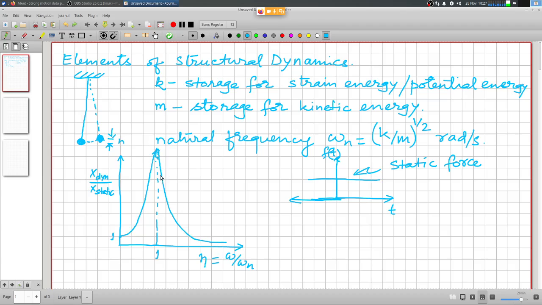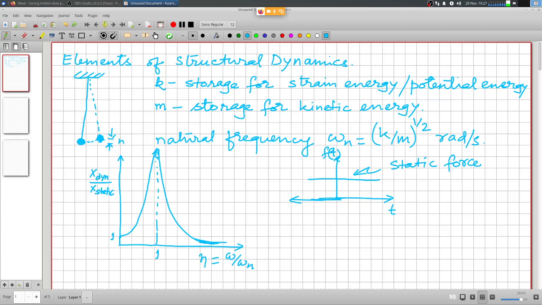And also the other point that you need to see is that dynamic response not only amplifies. Dynamic response need not always amplify with respect to the static response. It can also go below the static response.